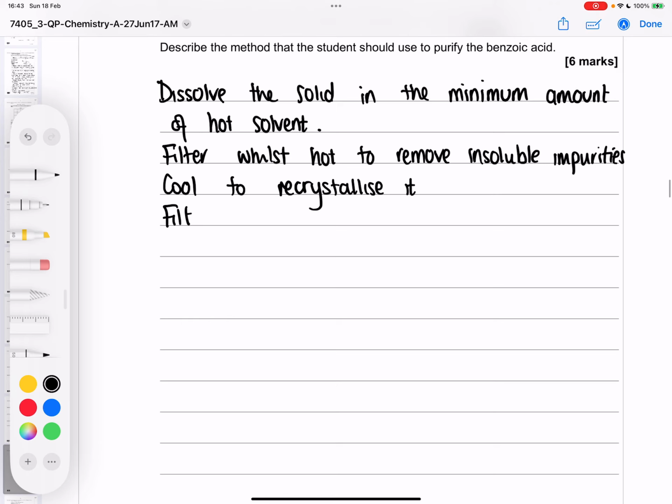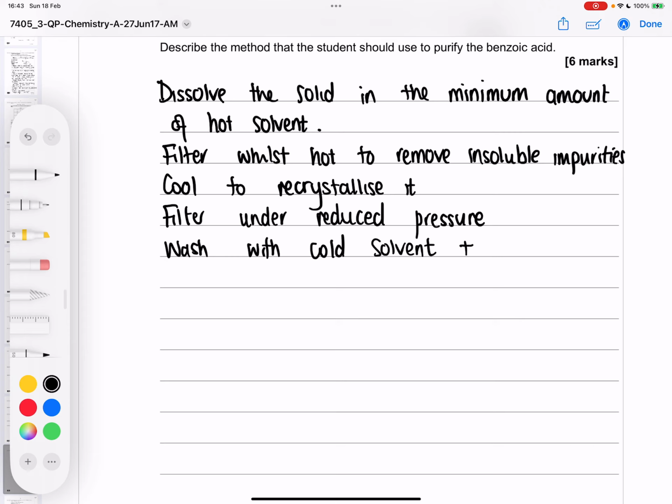So you're going to filter under reduced pressure. So you're attaching it to a vacuum pump. Washing with cold solvent to remove soluble impurities. And then dry.